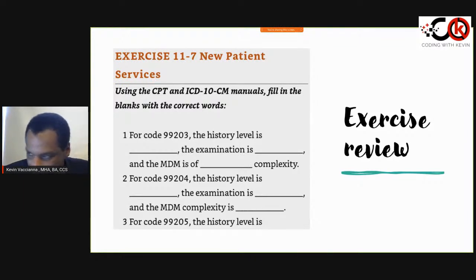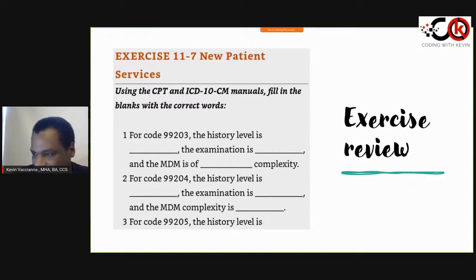Do you mean like a detailed history? Detailed history is the answer I'm looking for. Okay. Am I right, Terry? Yes, you are. Thank you. All right, moving along. The examination would be what? Detailed. Okay. And the MDM is? Low complexity. Very good.